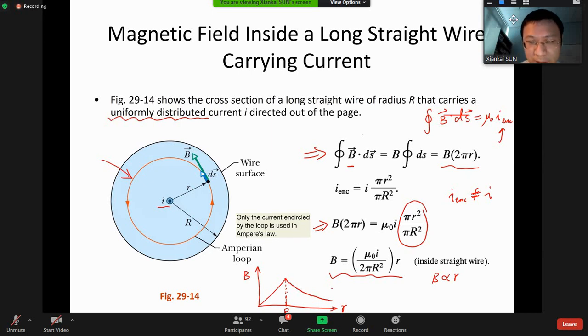Right? So this part is r smaller than big R. This is r bigger than big R. Okay? No problem. All right. There's no question. We'll move on to the next slide.